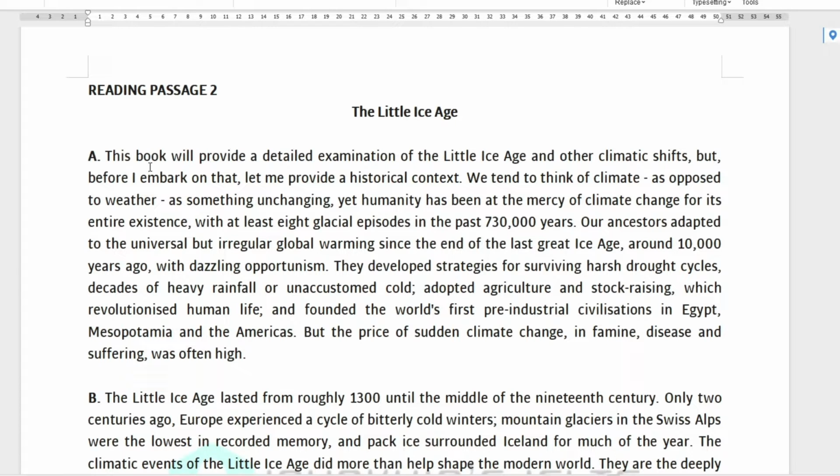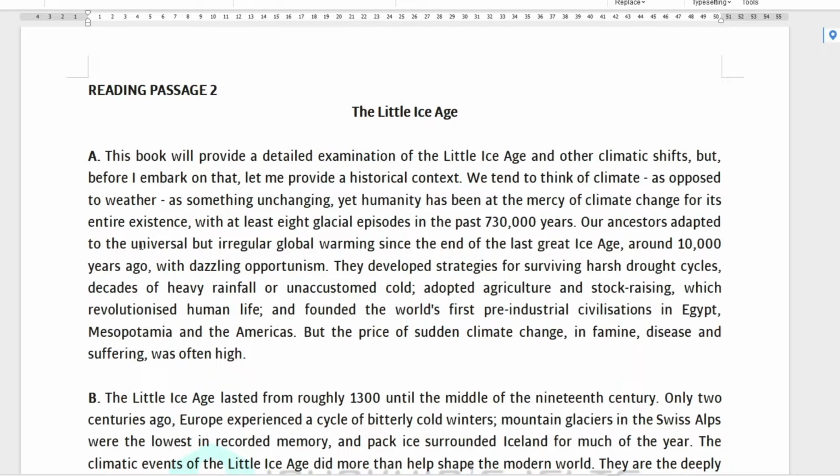Little Ice Age. This book will provide a detailed examination of the Little Ice Age and other climatic shifts, or climate changes. But before I embark on that, let me provide a historical context. We tend to think of climate as opposed to weather as something unchanging, yet humanity has been at the mercy of climate change for its entire existence, with at least 8 glacial episodes in the past 730,000 years.